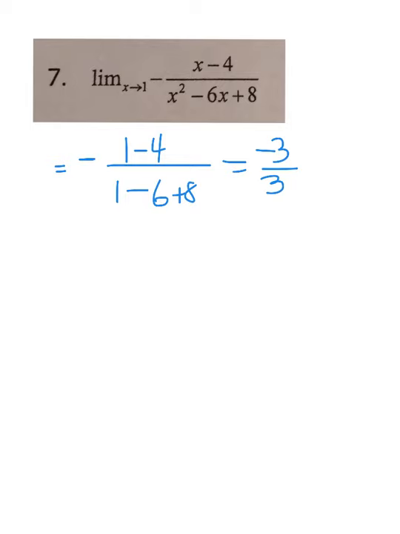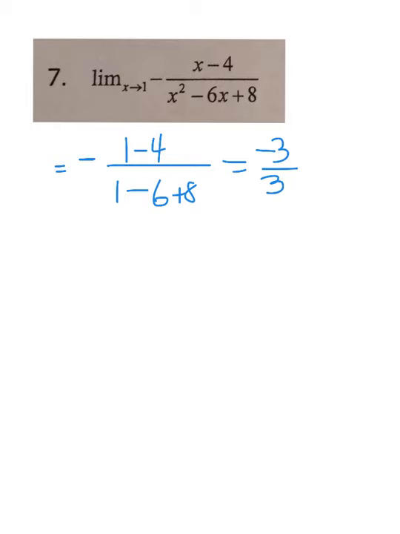Now I have a negative, let me put my pen on there. I have a negative fraction, and then I'm just going to plug 1 in the top. So that's 1 minus 4 over 1 squared, which is 1, minus 6 times 1, which is 6, plus 8. Right? All right, and then I'm going to work that out. So that's going to be negative 3 in the numerator and a positive 3 in the denominator.